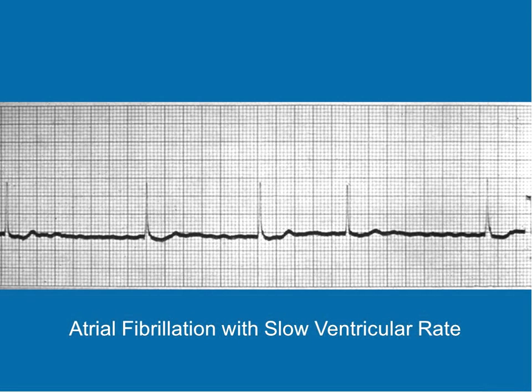Here is an example of an atrial fibrillation. See the wavy line down here with no discernible P wave? That's probably a T wave there. Okay? And the heart rate is very slow.